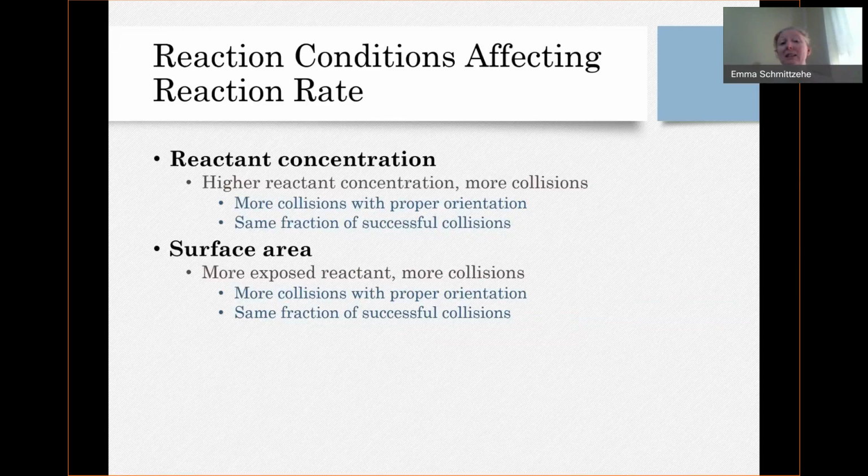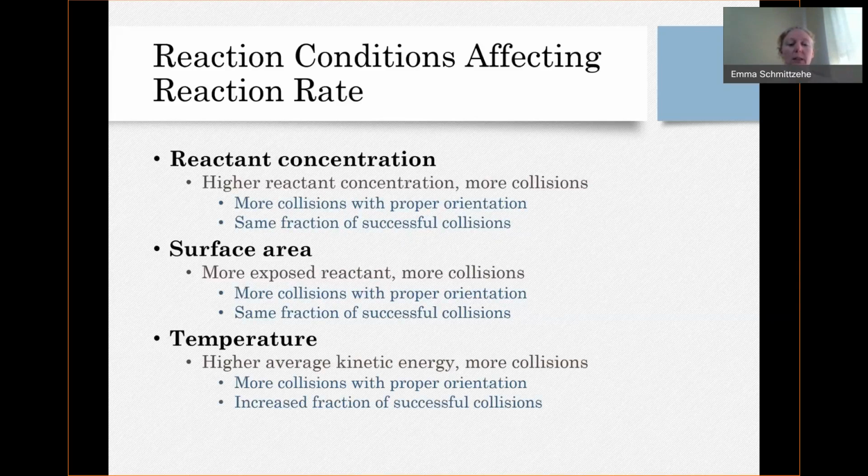Okay, so the complexity of the molecule, the more complex it is, the less likely they're going to collide just right. But it also has to do with the energy of those collisions, because in order to be successful, they need enough energy. Okay, and so that's where one of the other conditions comes in that we can change.